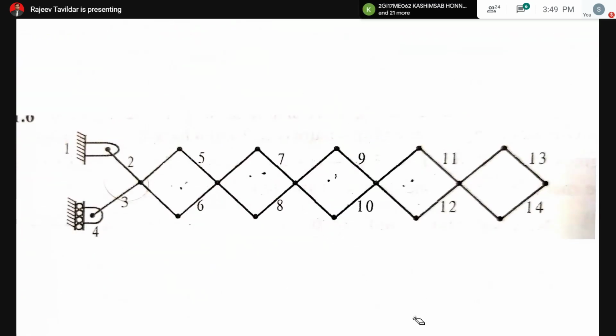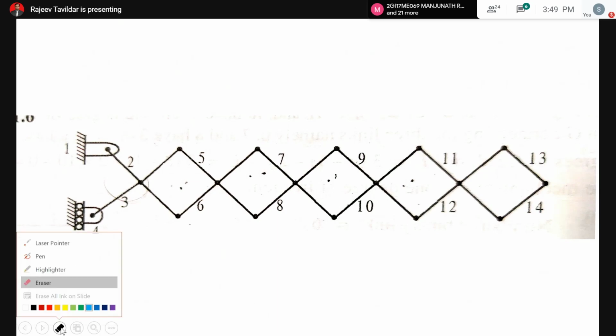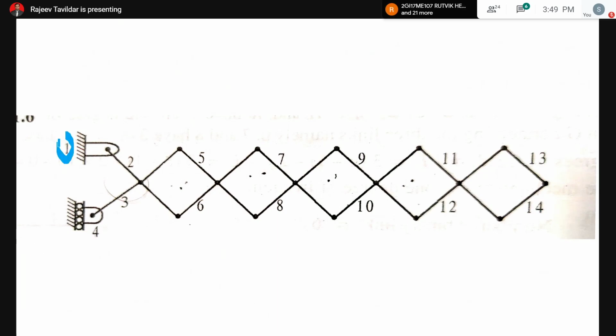So this is a problem here. This is a Caesar mechanism. Already a number of links. You can see it started with the ground or the fixed link, which is 1. Then the link starting from this point up till here is the entire link 2.